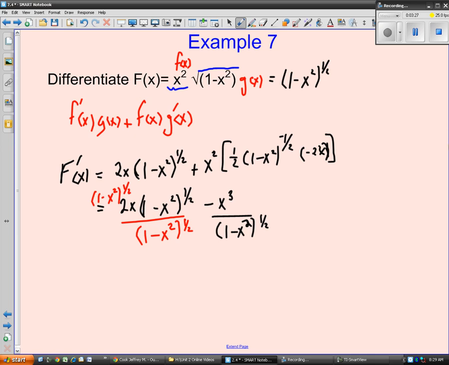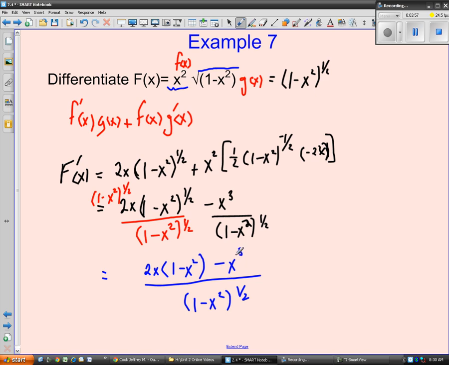The denominator of this function ends up being 1 minus x squared to the 1/2 power, and on top, I can take the 1/2 times the 1/2, and those become a full power, because the same bases add together. So we end up with 2x times 1 minus x squared, which makes things much better for us, and then we've got minus x cubed.